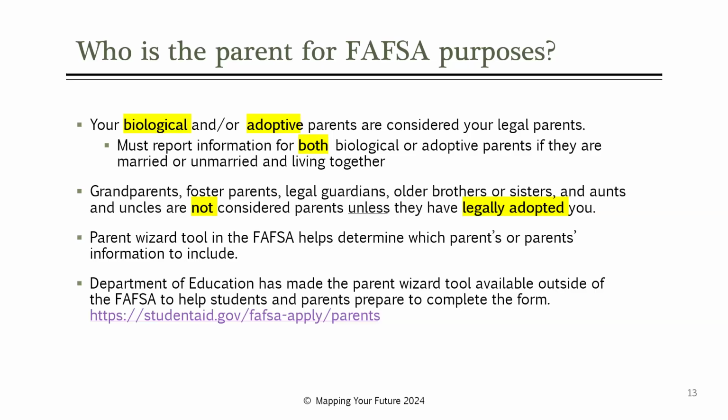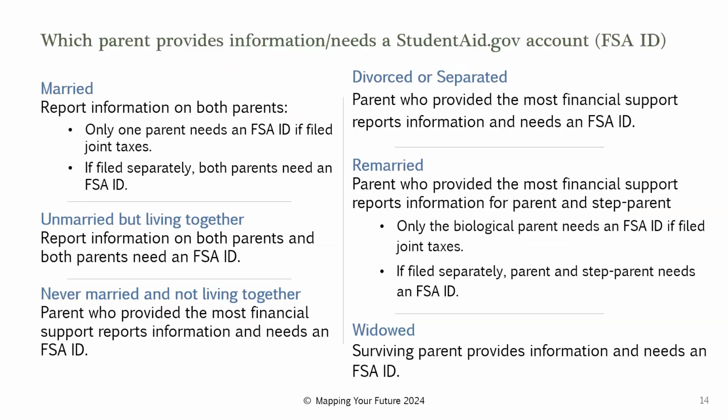Thankfully, the FAFSA has a new parent wizard tool that can help determine which parent or parents' information you should include. We're going to go over here which parent provides information or needs an FSA ID. So if your parents are married, you are going to want to report information on both parents, but if they filed their taxes jointly, only one parent will need an FSA ID.